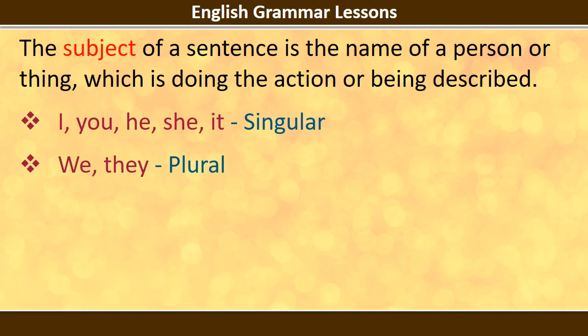In English, in place of subject, we will be using I, you, we, they, he, she, it. Okay? Among these, I, you, he, she, it are singular and we, they are plurals.